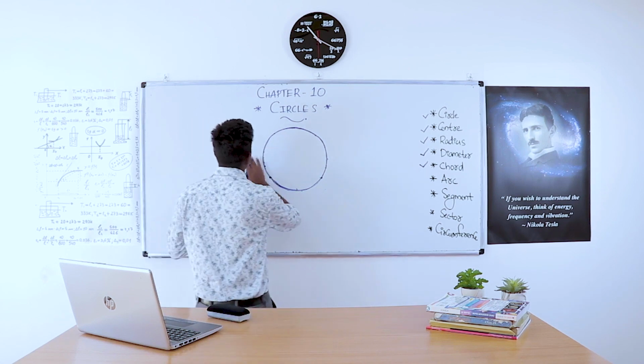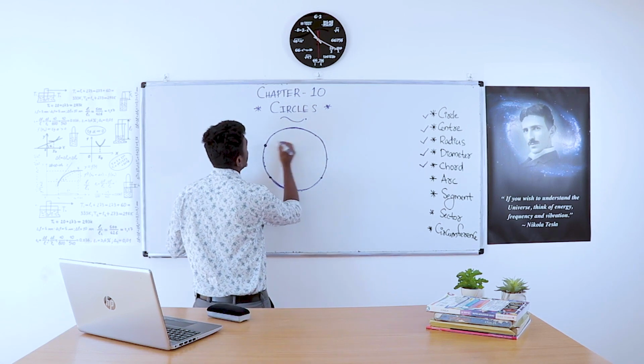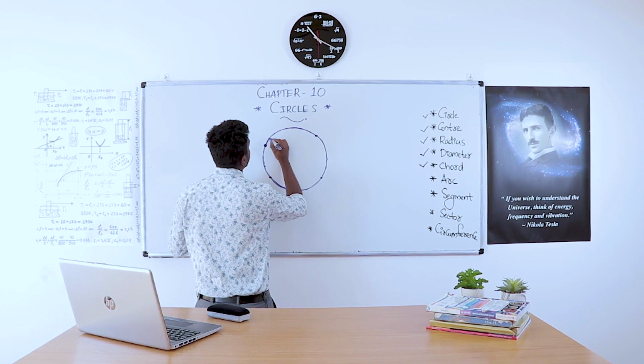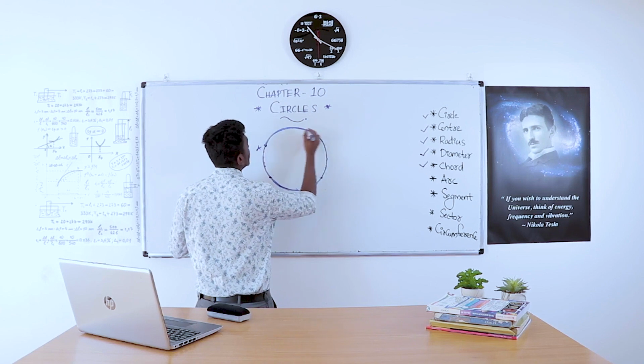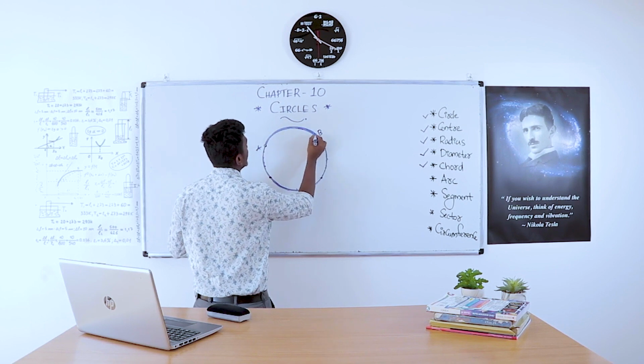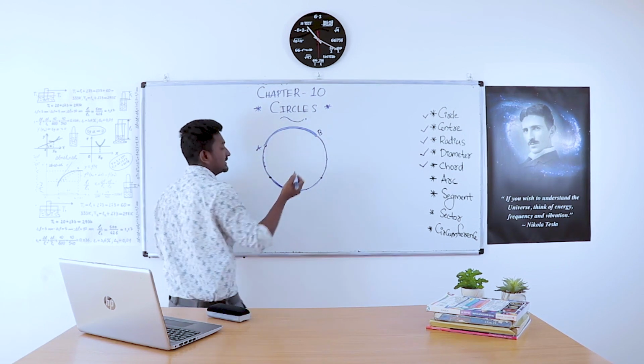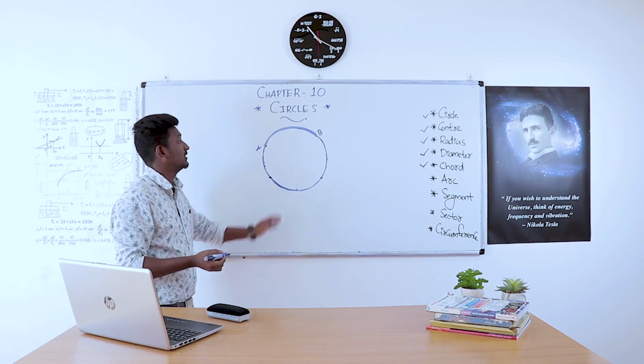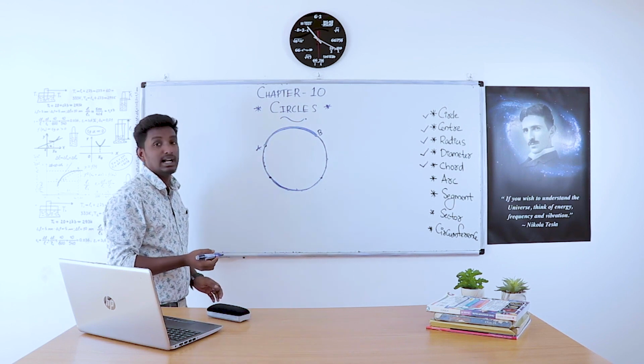A portion of a circle is known as the arc. When I am considering this portion, this is A and this is B, then this AB can be called an arc. That means a portion of the circle is called an arc.